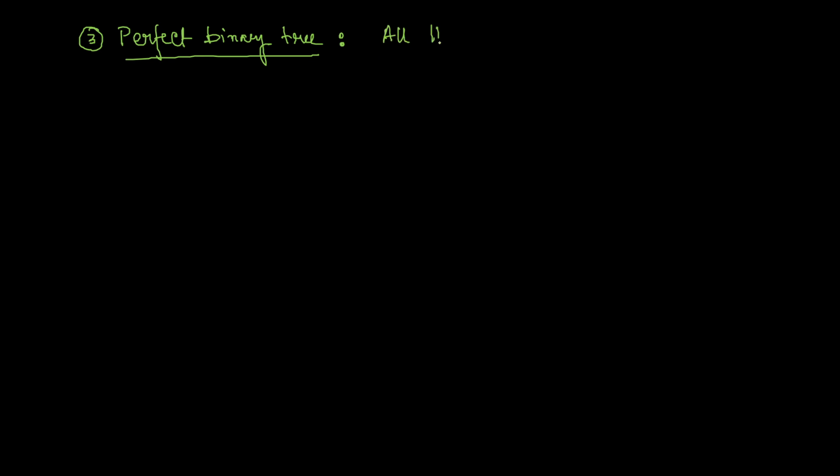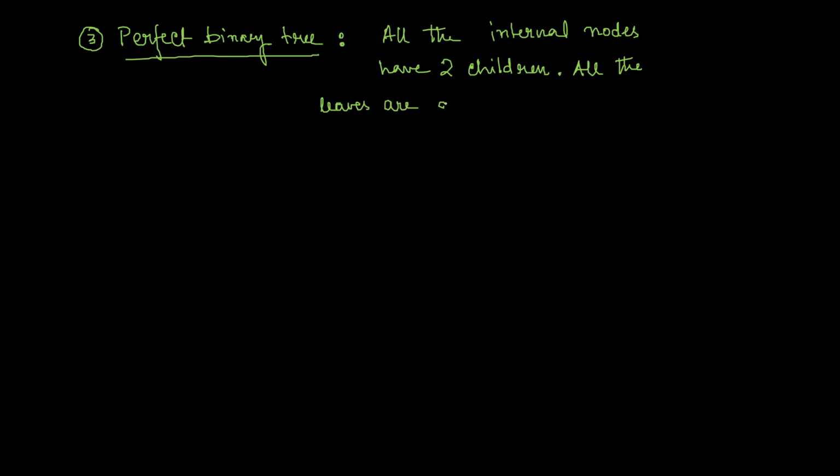All the internal nodes have two children, and all the leaves are at the same level.